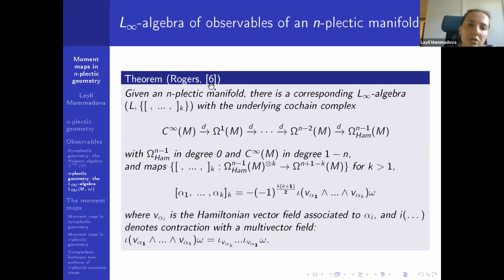It turns out Chris Rogers discovered that if you have an n-plectic manifold, there is an L-infinity algebra associated to it, and as the underlying vector space, it has the direct sum of C infinity M, the Hamiltonian one-forms and so on, up to Hamiltonian n-1 forms.